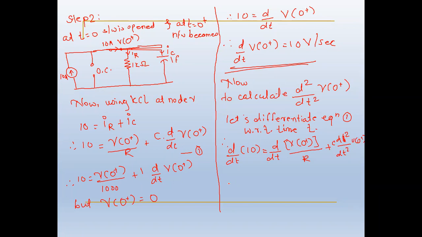Therefore, this differentiation, this value will be 0, 1 by 1000 into d by dt of V of 0 plus, plus 1 into d square by dt square V of 0 plus. Let us define those values. All of you have written the same.